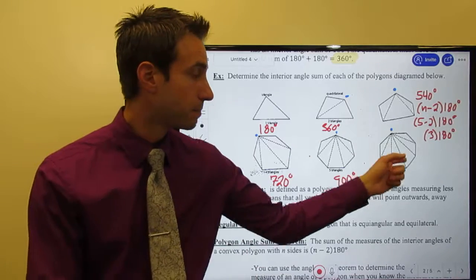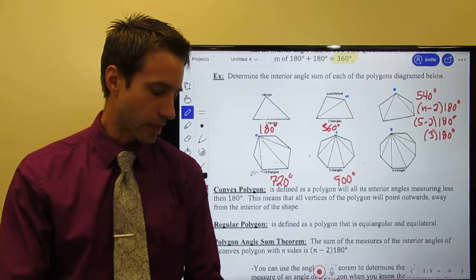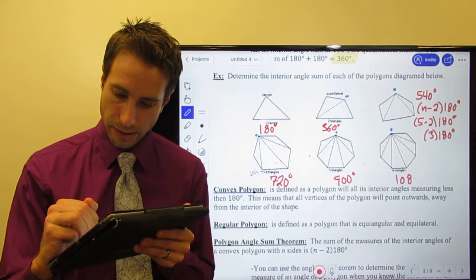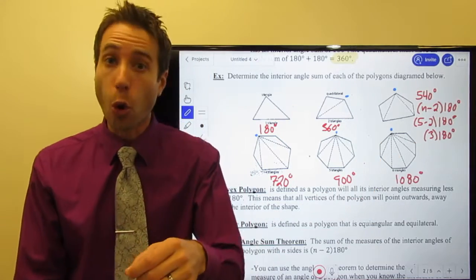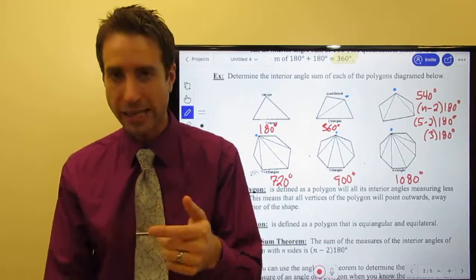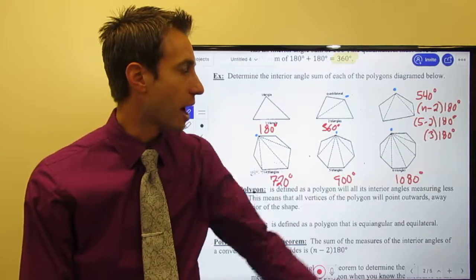What do I got? 6 triangles times 180 looks like 1080 degrees. Again, whether you use triangles or count the number of sides, subtract 2, multiply by 180, you'll get the same answer either way.